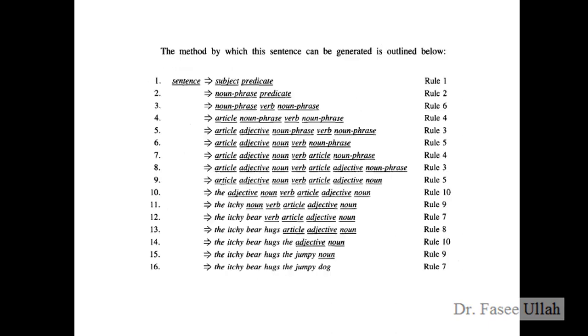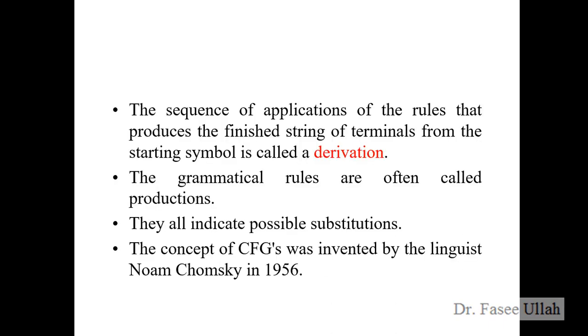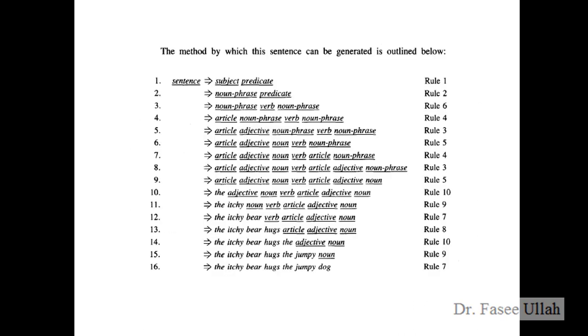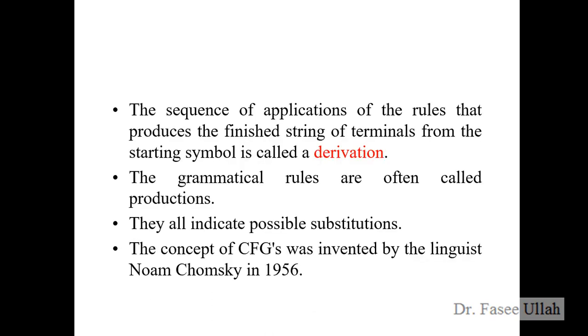These are the production rules. They all indicate possible substitutions. What is substitution over here? Like in number 15, we have noun, which is replaced by dog, and in number 14, we have adjective noun, where the adjective is replaced with jumpy, and so on. So these are the possible substitutions.